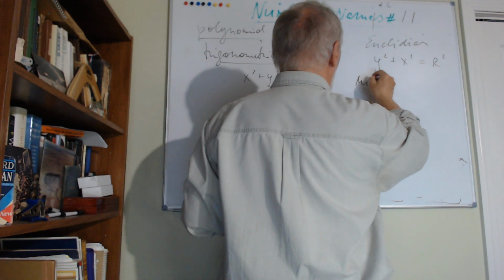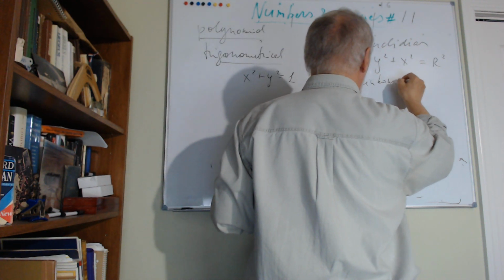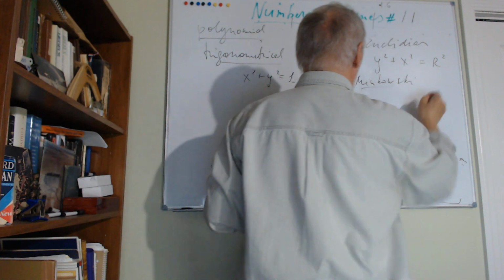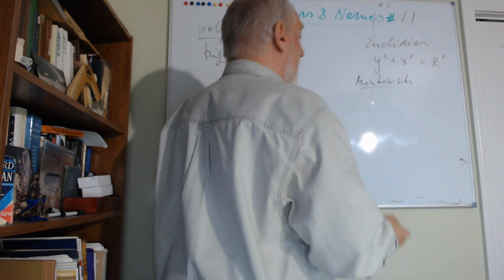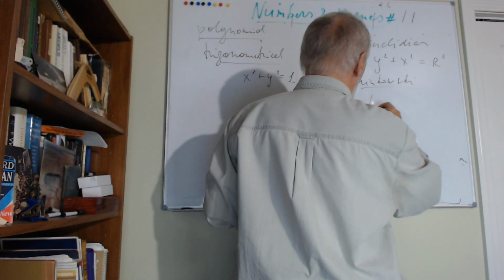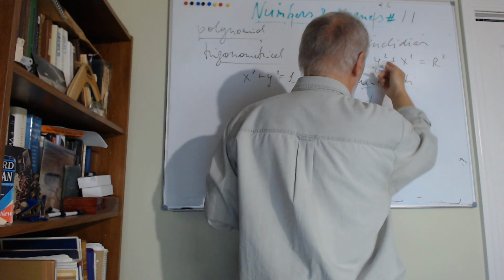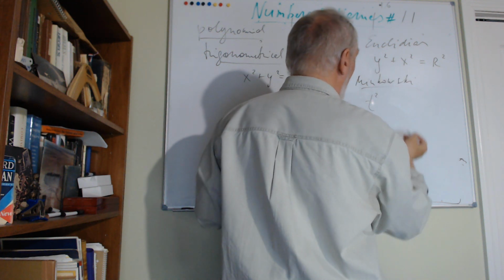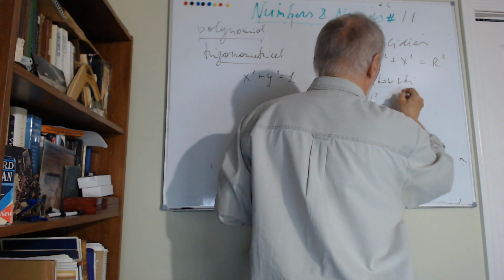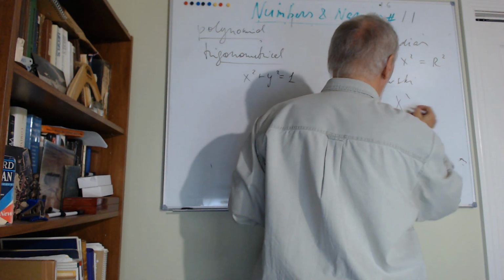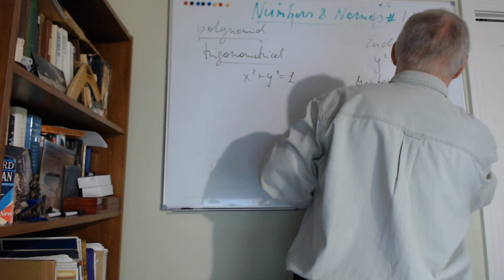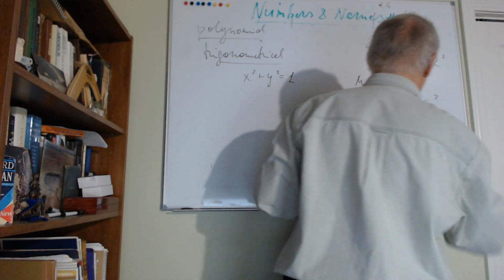But in another geometry like Minkowski, which is very important in the theory of relativity, there's another situation. Again, instead of y there is t, which is time. So t squared minus x squared equals tau squared.